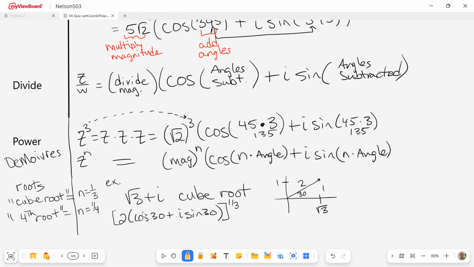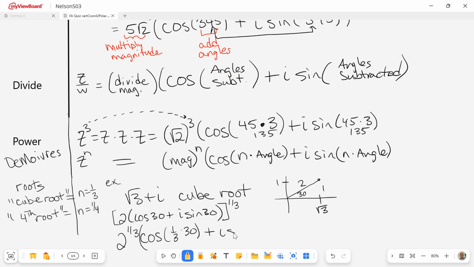So how do we do this? Well, when we had a straight-up cube power, we raised the magnitude to that power. I'm going to do the same right now. I'm going to take 2 to the 1/3 power, and then we multiply the power times the angle. My 1/3 is my power, so I get the cosine of 1/3 times 30 plus, and I need a parenthesis here, don't I?